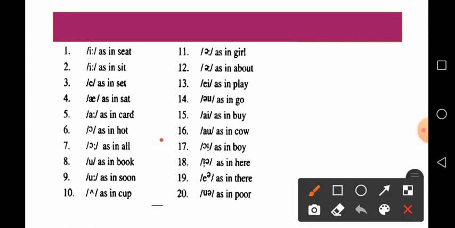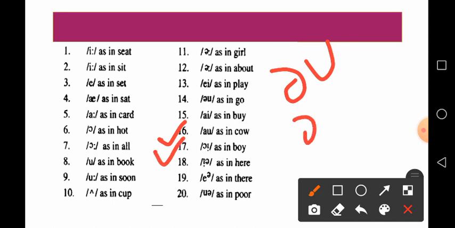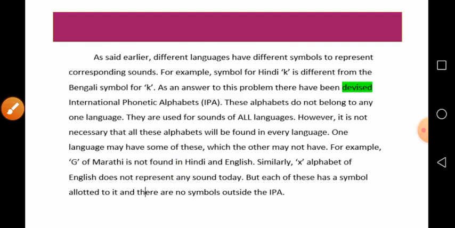Number 16 is au, as in a word like cow. In number 17, this is oi, as in the word boy, oi, oi. Then the next one is number 18.